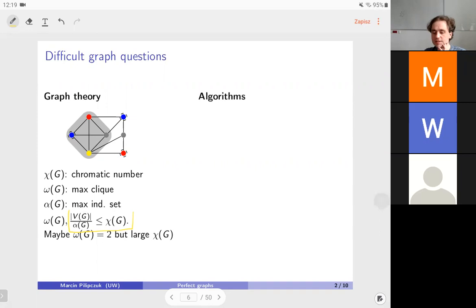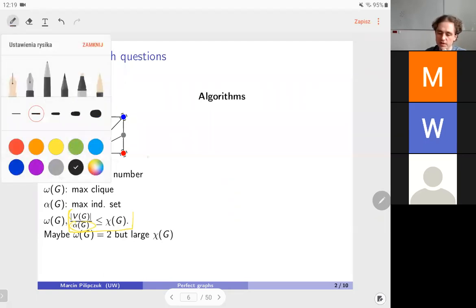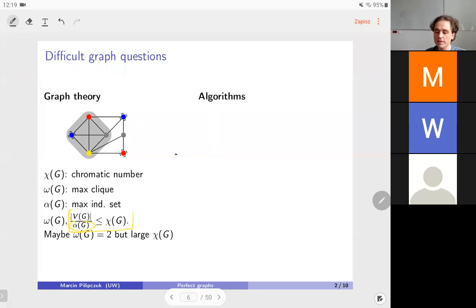So you need at least the number of vertices divided by the maximum size of the independent set colors, because one color class can be of size at most alpha. I will be using the standard notation where chi is the chromatic number, omega is the maximum clique size, and alpha is the maximum independent set.